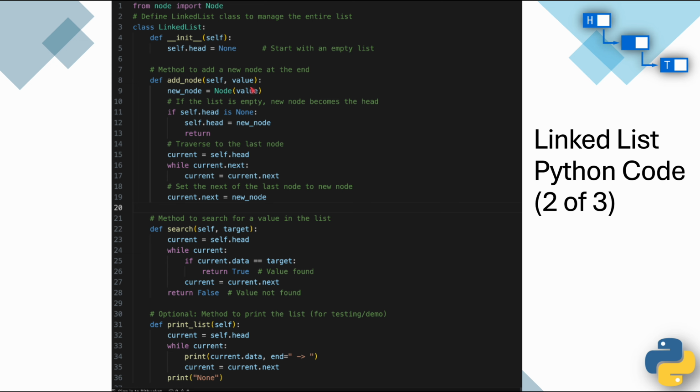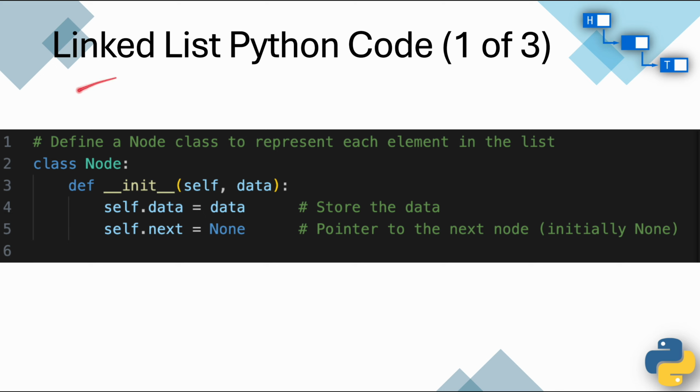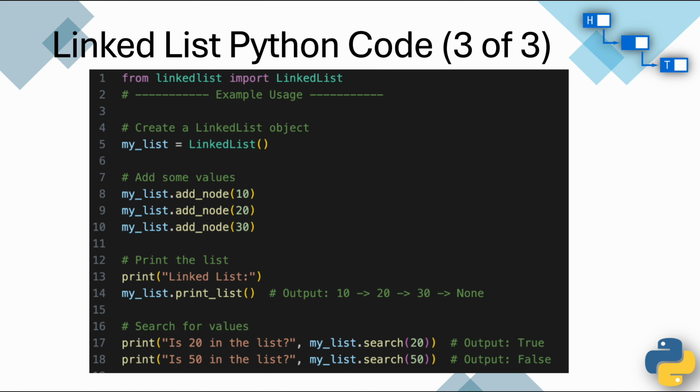Here you see the value you are passing to the node class. That node class's second argument is considered as data. In this place the 10 will come, and that will go into the data part. Next part is obviously none. So my list dot add node 10, my list dot head will be holding one node, and head dot next will be none.